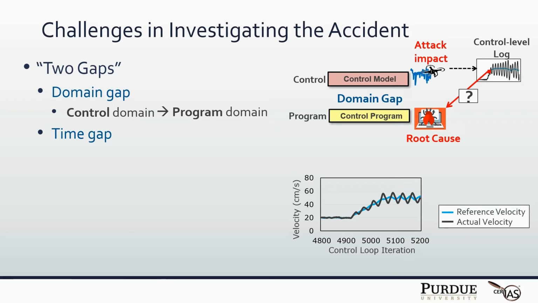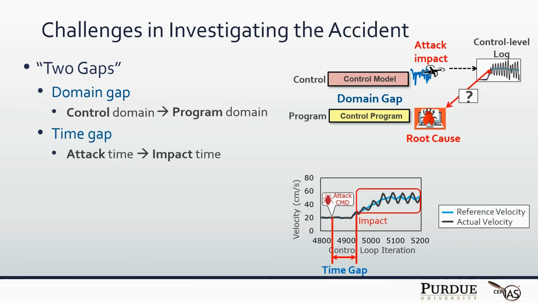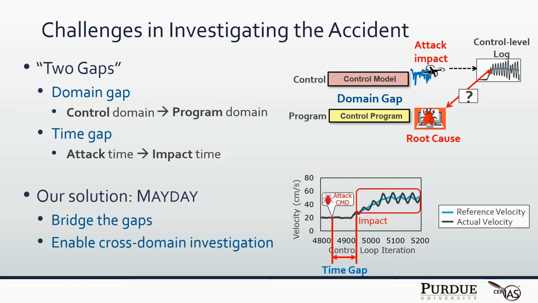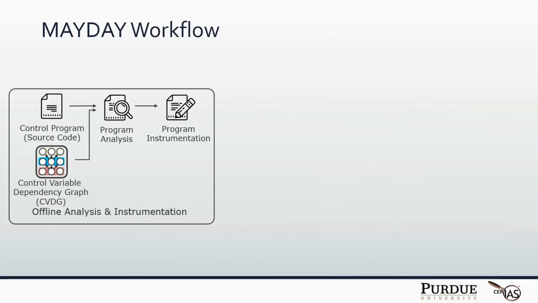Second, there is a time gap between the attack time and its impacted time. The bad command was injected earlier in the flight, but the unstable control state starts to appear later in the flight. Therefore, we develop our solution, MAYDAY, to bridge the gaps to enable cross-domain investigation from the accident impact all the way to the program level bug.